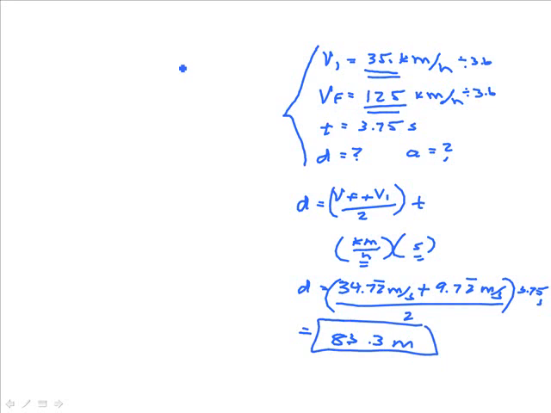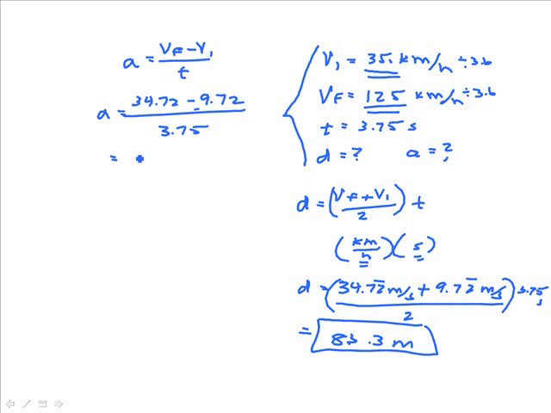Well, again, using those first three, we could say that since acceleration is equal to (Vf minus Vi) over t, then a very simple substitution is Vf, but remember we should use 34.72 instead of the 125, minus 9.72, and divide that by the time, which is 3.75.